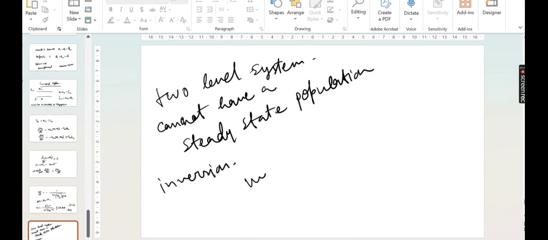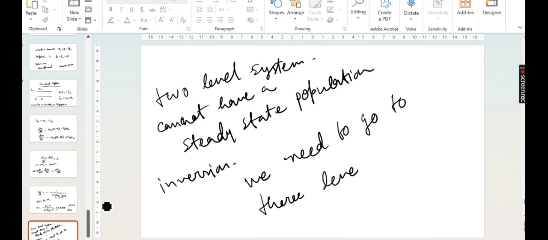For that, we need to go to a three-level system.